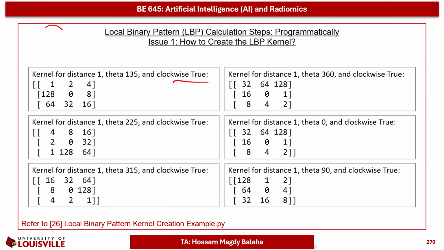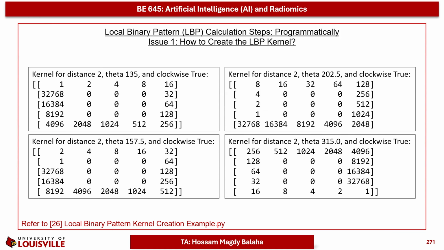Let's say we are dealing with 225, which is this angle, and clockwise, then you move in that direction until you reach that value. When you increase the distance, this means you need a bigger kernel, and we mentioned that we are going to emphasize the importance of changing the distances and comparing between them.